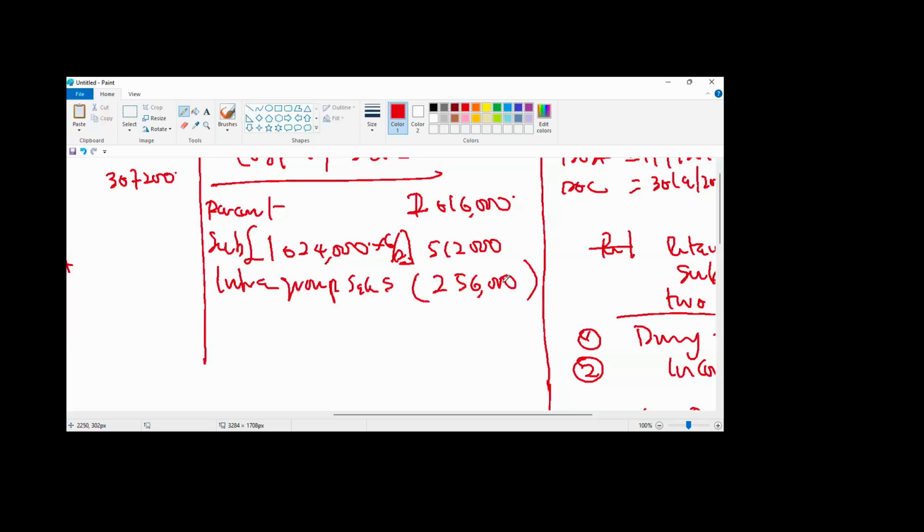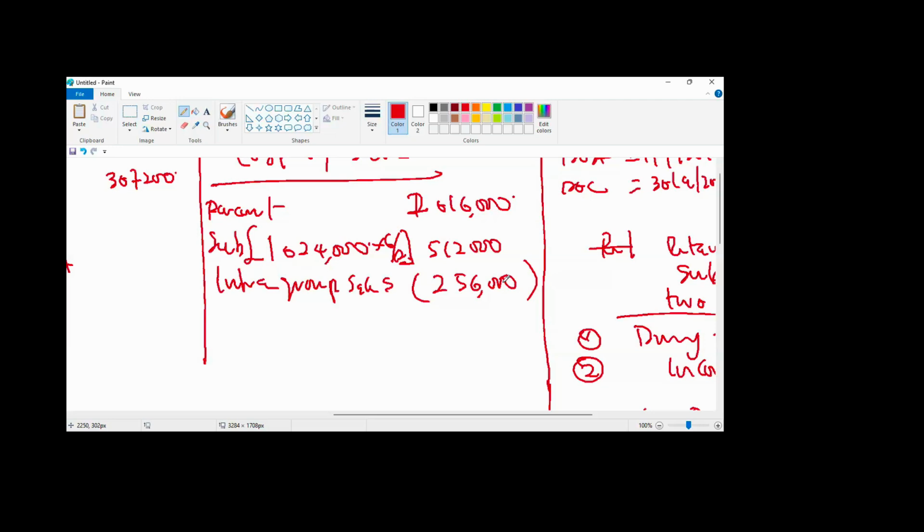Next, is there any unsold inventory? And if they say margin or markup, it's a markup.